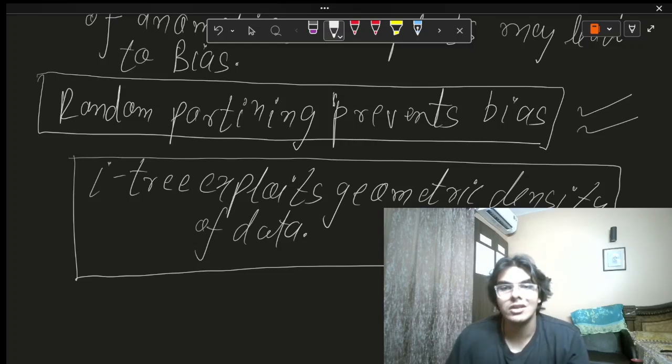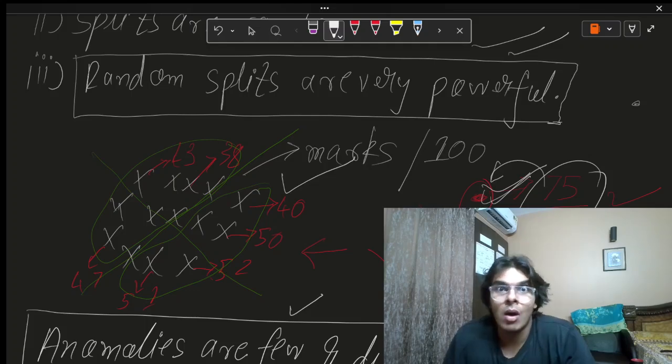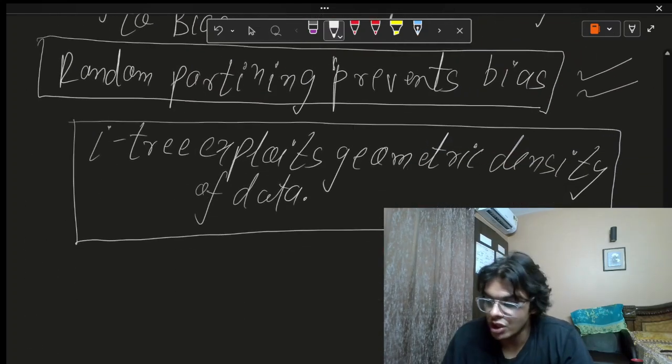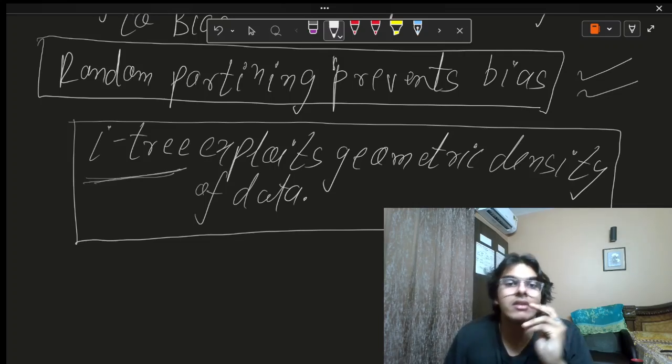We have exploited the geometric density of data. We are saying this data is dense, so it is going to have all the normal points. This is not dense, this is not dense, so there is a higher chance that these are the anomalies. And since I want to separate them, how do I separate them? By making random splits. That is what the isolation tree model is trying to do. It is trying to exploit the geometry of the data, the statistical distribution of the data. That is the intuition on which this model is based.